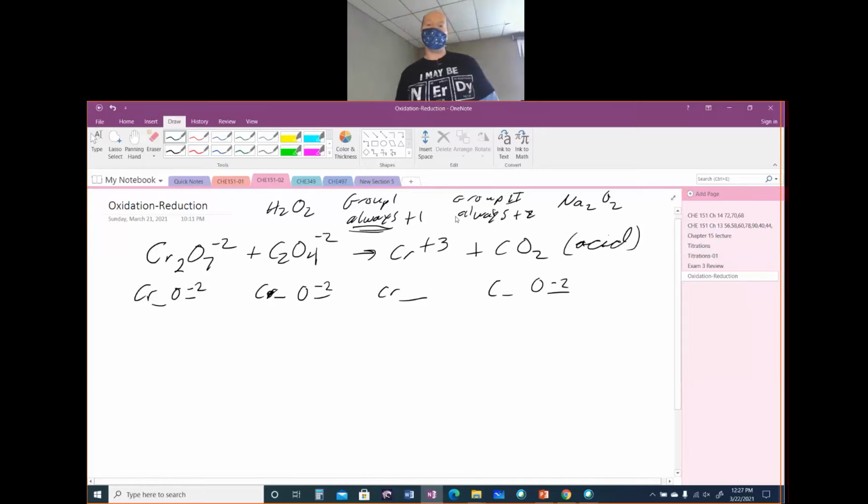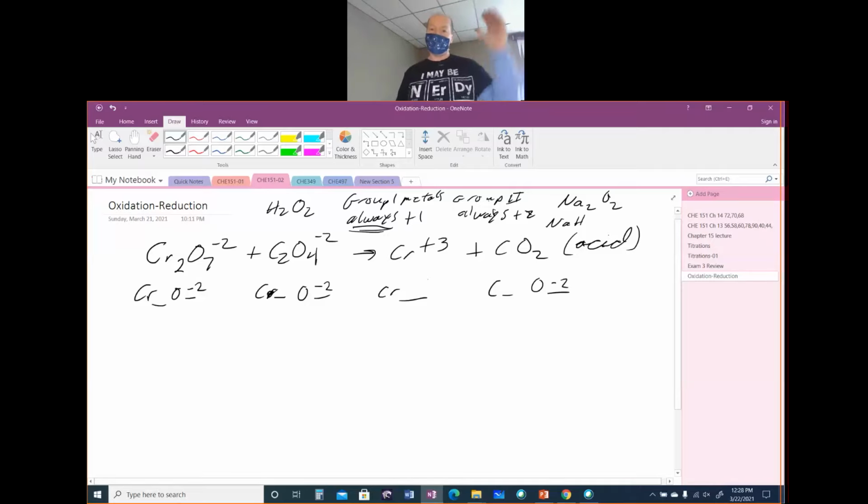Group 1 metals, because of course in group 1 is hydrogen, which you could also have as a -1. So if you had NaH, again, sodium is always a +1. It is a group 1 metal. The alkali metals are always +1. That is group 1.